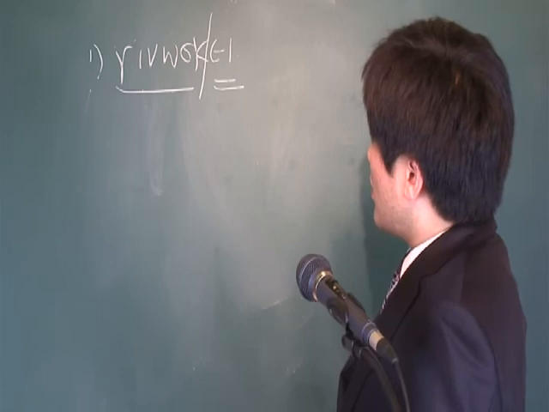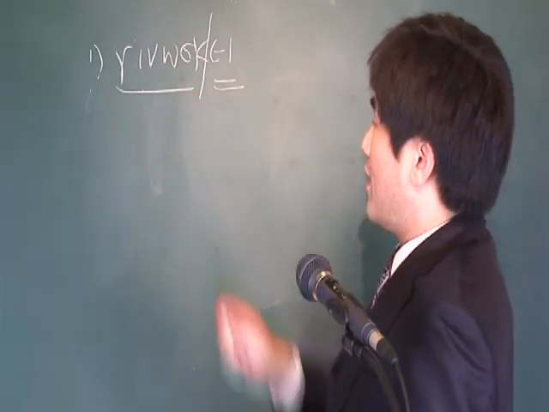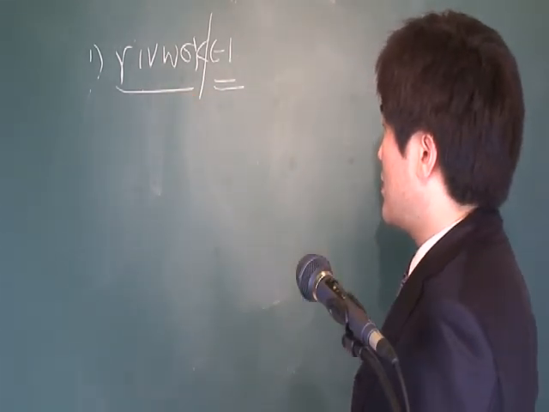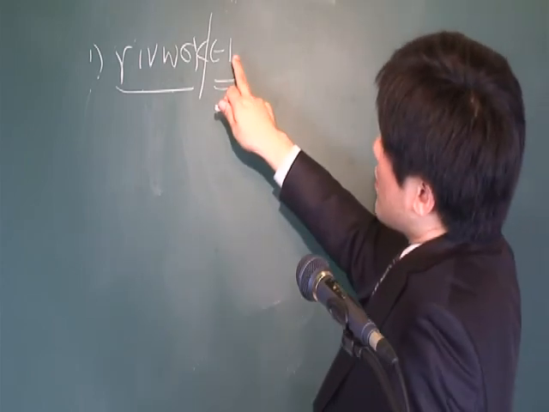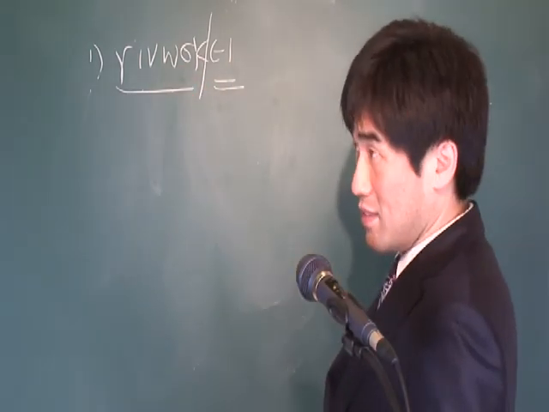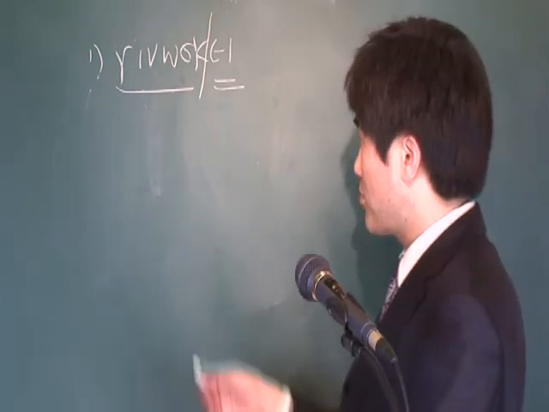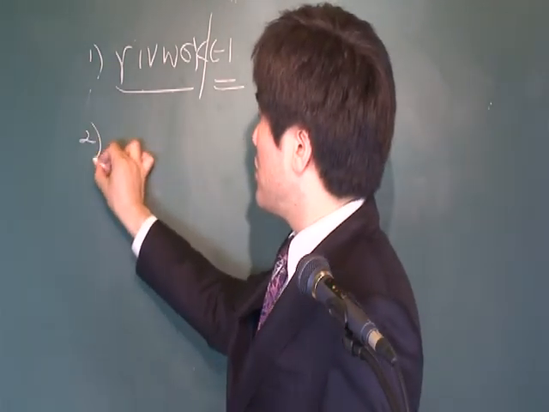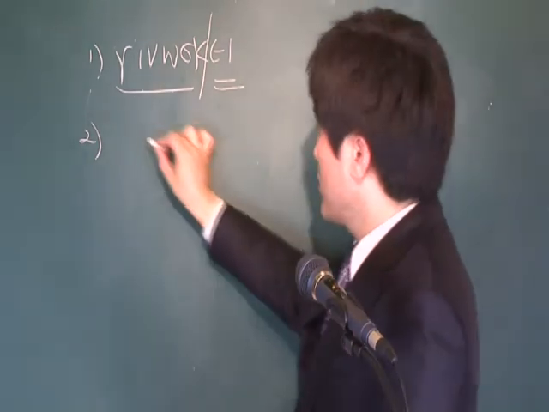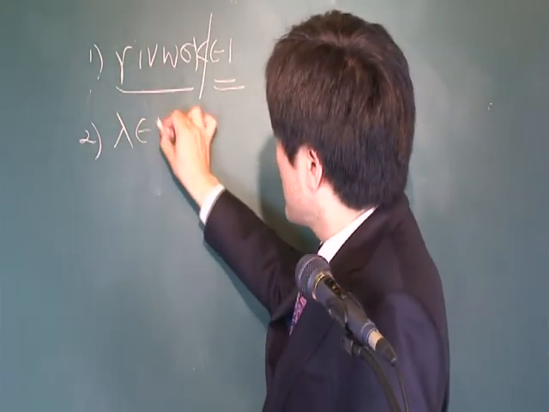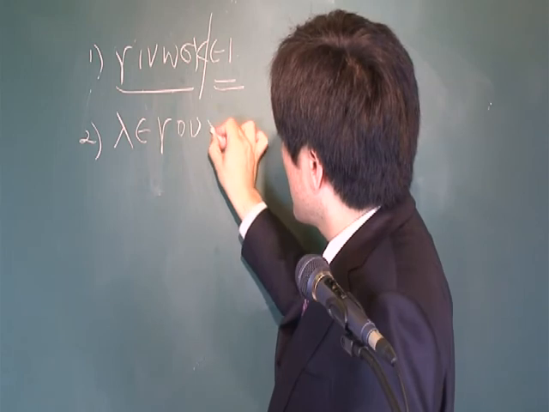When a breathing mark is placed over alpha, an H sound is added before the A sound. Ha. When the H sound is added, it makes a ha sound.